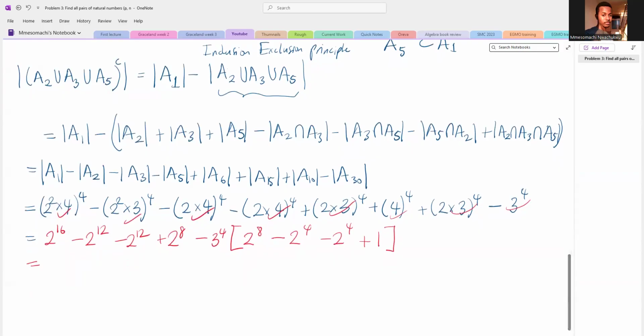Okay, so let's scroll down a bit. So 2 to the power of 8 can factor out here. So that'll be left with 2 to the power of 8, 2 to the power of 12. So this will be minus 2 to the power of 4, minus 2 to the power of 4, and then plus 1.